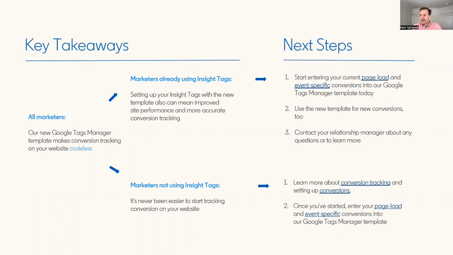For marketers already using Insight tags, remember that setting up those tags with the new template comes with additional benefits, including improved site performance and more accurate conversion tracking. To take advantage, you'll want to start entering conversions you're using today, as well as any new conversions in the future. And please contact your relationship manager with any questions or to learn more.